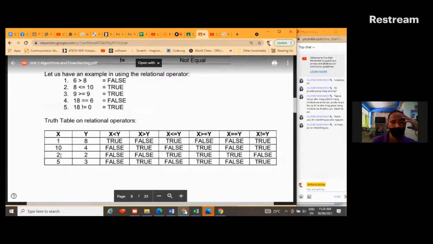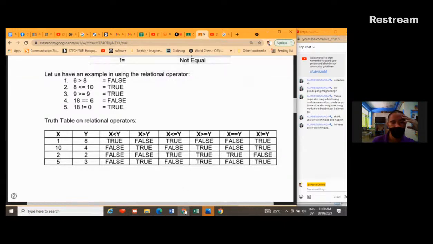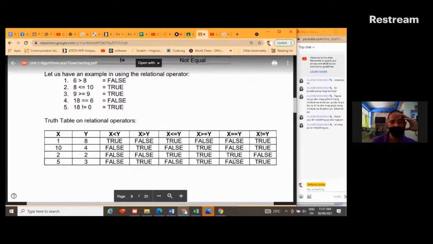Then for 2 and 2, X is less than Y, that's false. X is greater than Y, that's false. Less than or equal, that's true. Greater than or equal, that's true. 2 is equal to 2, that's true. 2 is not equal to 2, that's false.